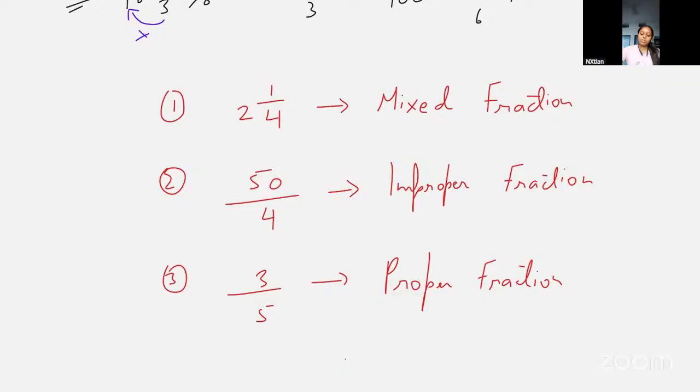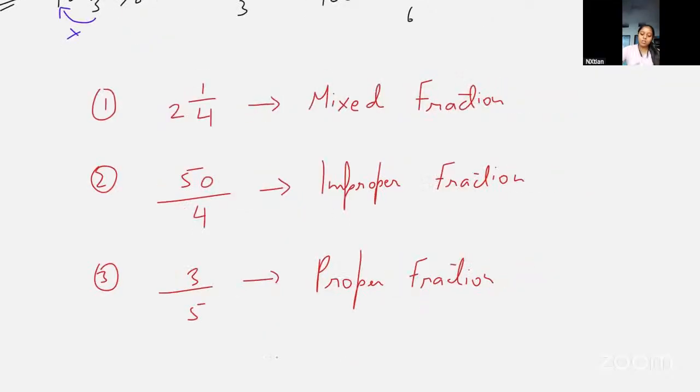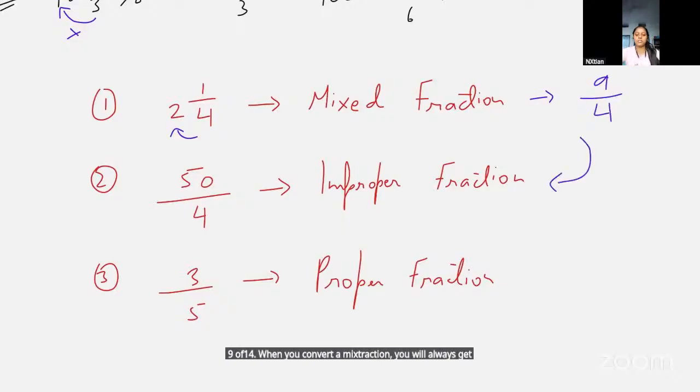When I convert 2 whole number 1 by 4 into a normal fraction, I multiply by the 4: 8 plus 1, 9 upon 4. When you convert a mixed fraction, you will always get an improper fraction.